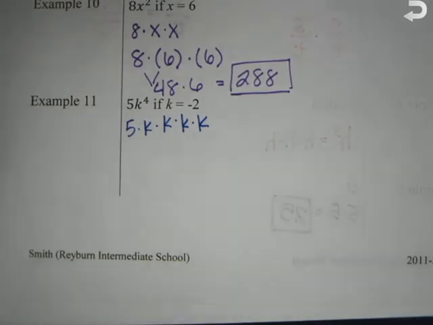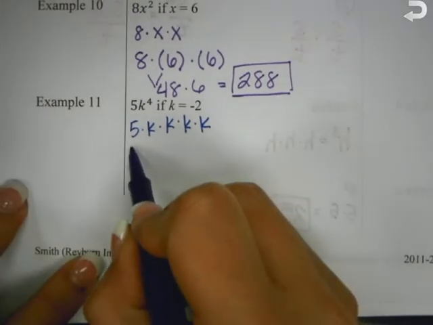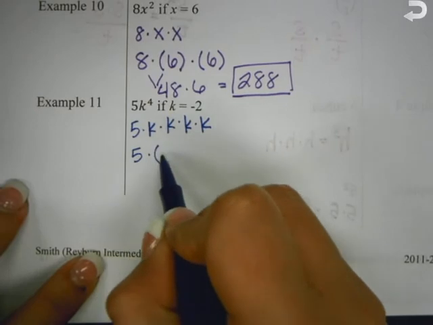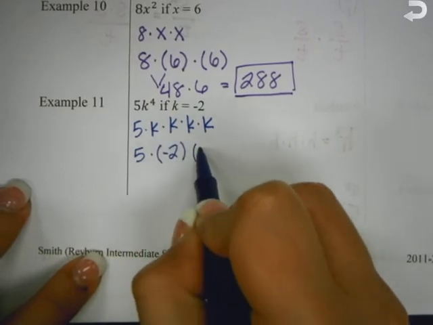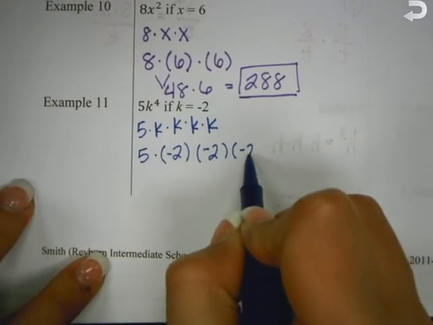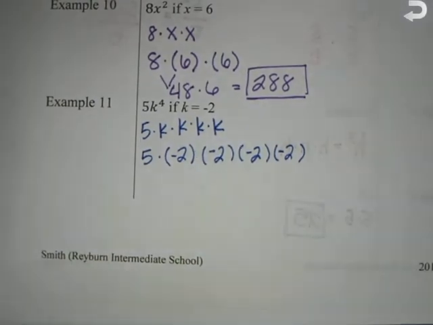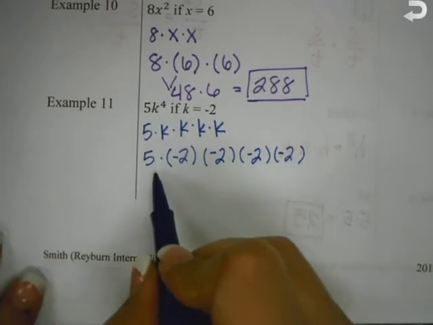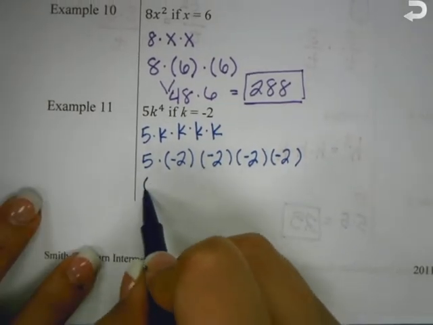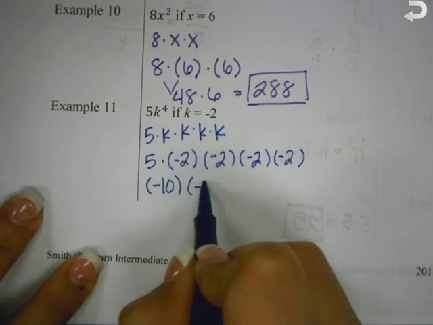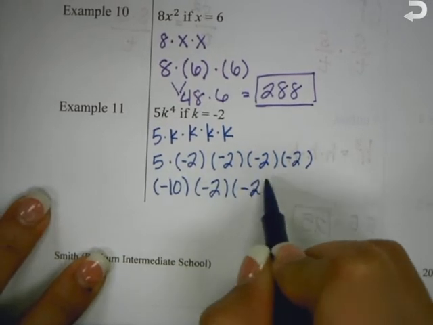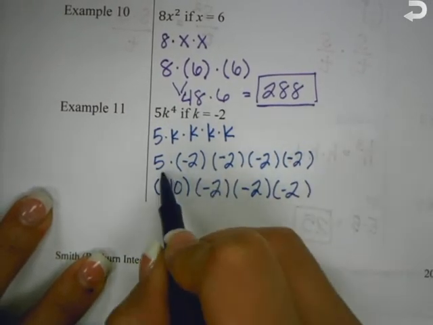Negative 10. Okay. Negative 10 times negative 2? Positive 20. Positive 20 times negative 2? Negative 40. And negative 40 times negative 2? Positive 80. Good job.